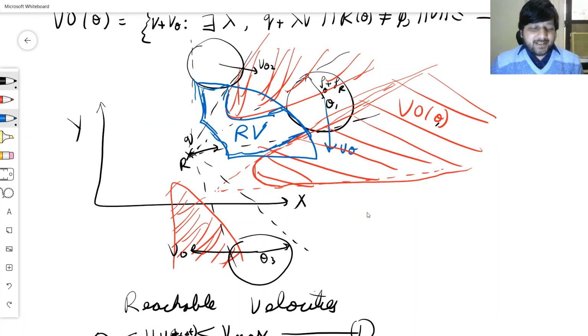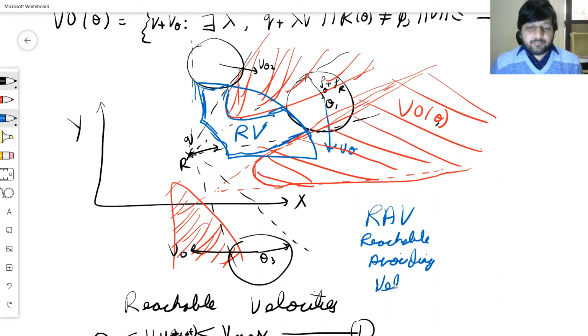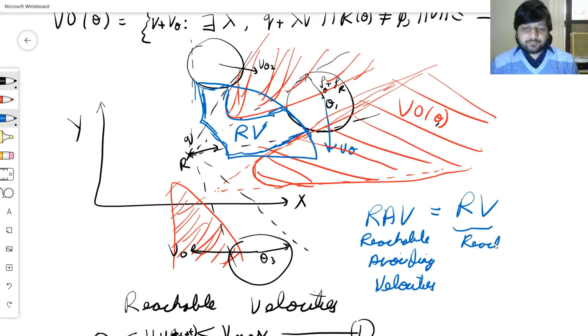And that's what I call the reachable avoidance velocities, which is equal to the reachable speeds, this blue diagram, minus the velocity obstacles.